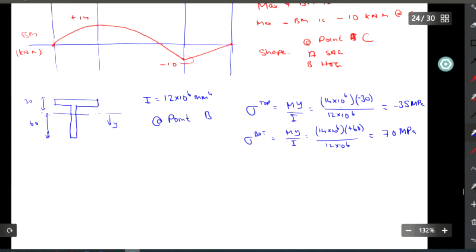Okay. And then at point C, the bending moment there is minus 10 by 10 to the 6 Newton millimeters.